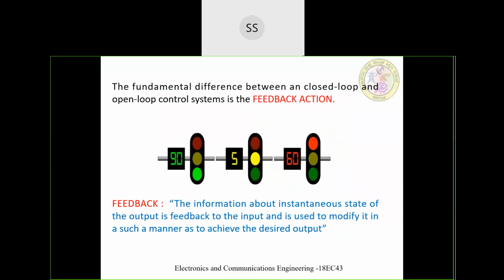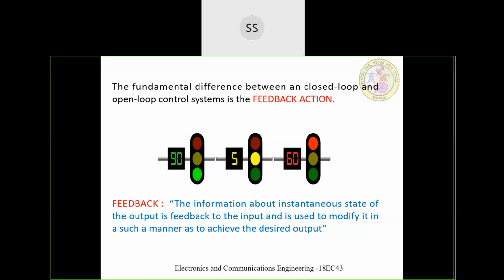From these examples and from the previous block diagrams, we come to know that the fundamental difference between a closed loop and an open loop control system is the feedback action. This is the main concept which differentiates an open loop and a closed loop control system. For example, in a traffic control system, the traffic lights operate so as to control vehicle congestion.